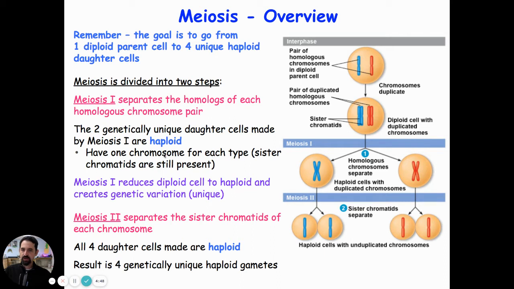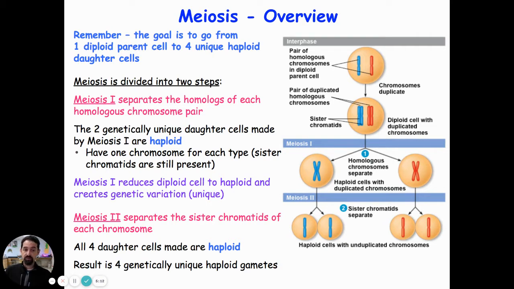All right, so meiosis 1, to reiterate, separates the homologs, right? The 2 chromosomes. Remember, they pair. Of your 46 chromosomes, you have 23 pairs. Each one of those pairs are homologs, one from one parent, one from the other parent. They both contain the same genes.